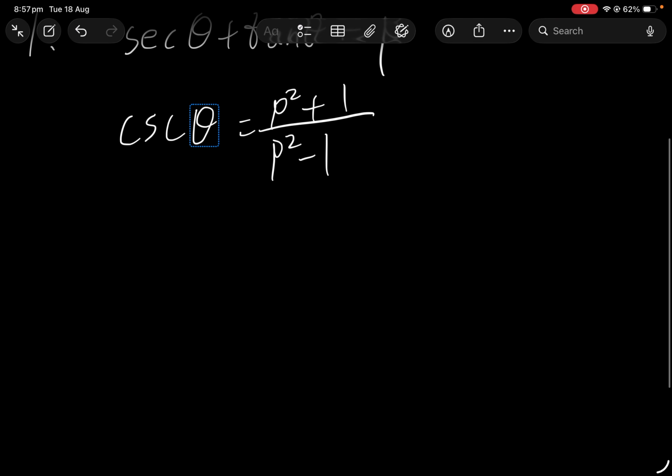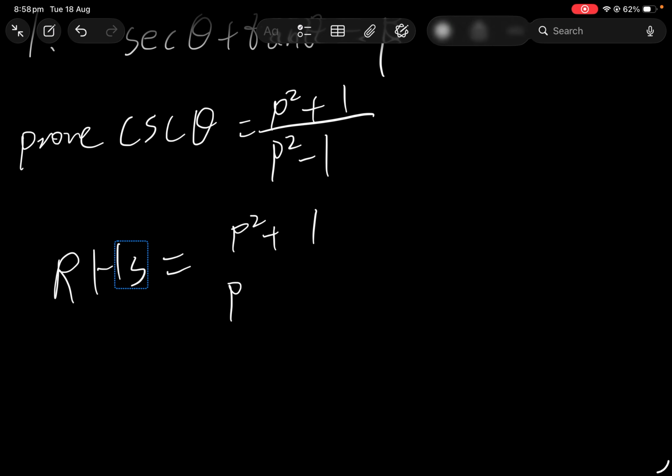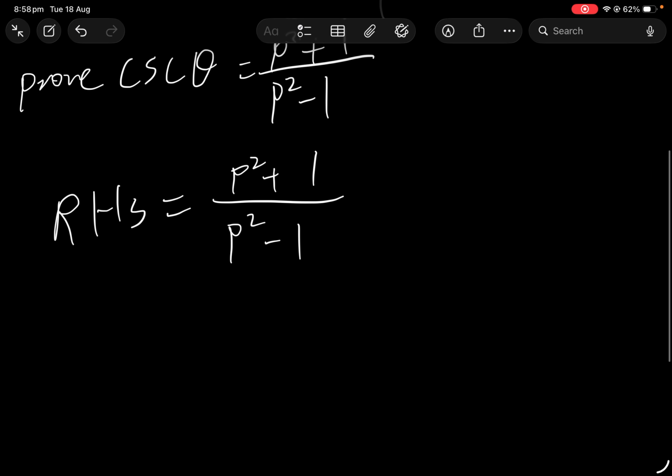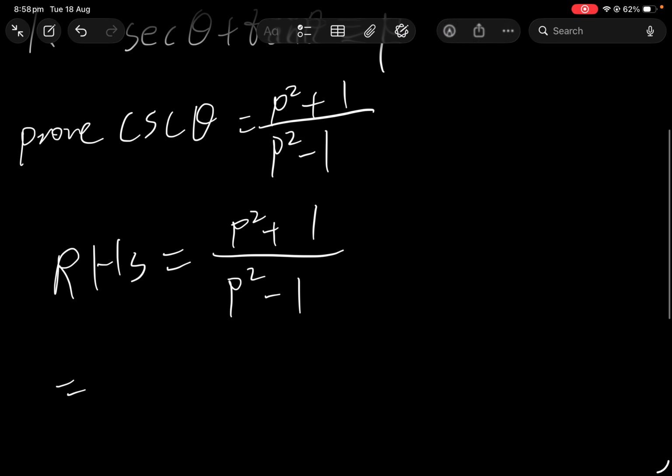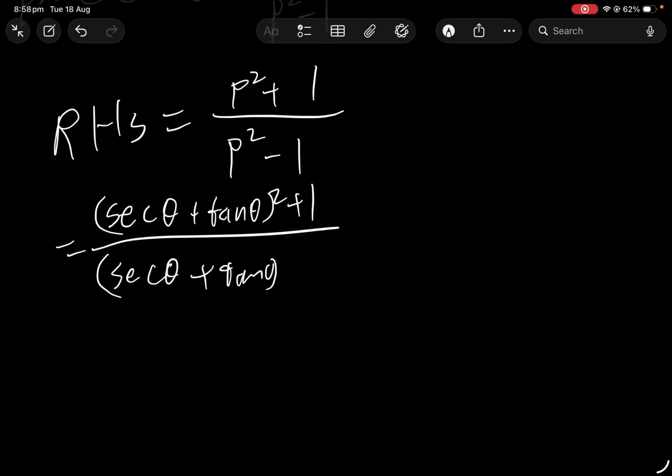So we're gonna do prove. So the right hand side equals p squared plus 1 over p squared minus 1. That equals (sec theta plus tan theta) squared plus 1 over (sec theta plus tan theta) squared minus 1.